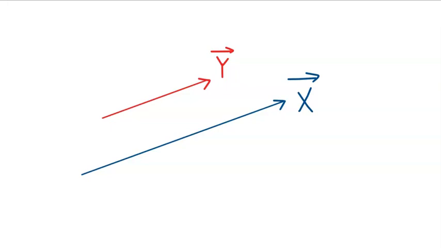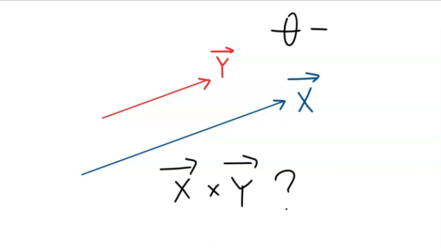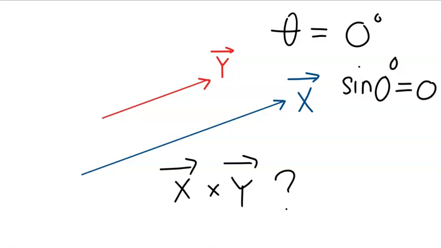Now let's assume we are given two parallel vectors, x and y. What is the cross product of these two vectors? Let's say x cross y. Since these two vectors are parallel, the angle between them is 0 degrees, and we know sine of 0 is 0.